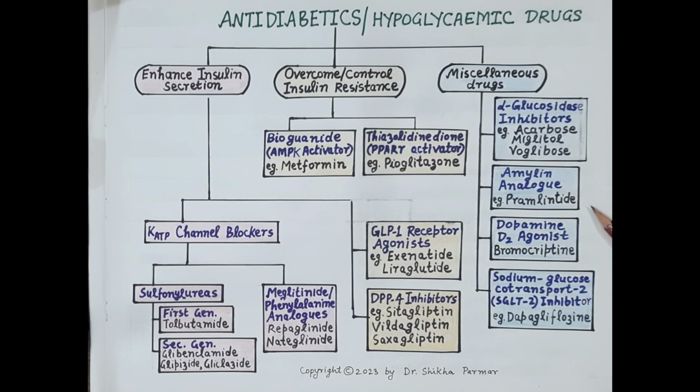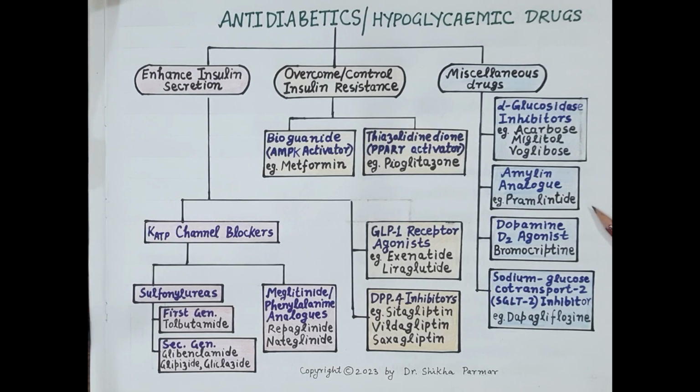Now, next class of drugs is the amylin analog. Now, pramlintide is a synthetic amylin analog. It produces action similar to naturally produced amylin hormone from pancreatic beta cells.